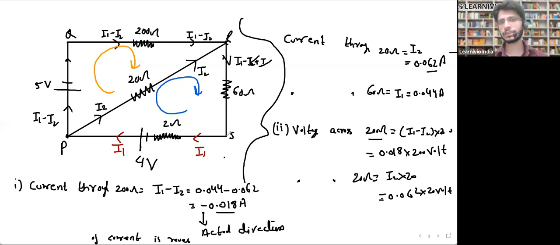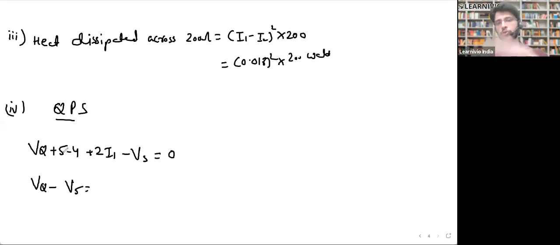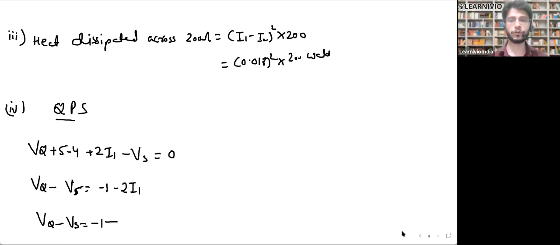Then when we reach the last point S, I call its potential as minus VS. I'm using minus VS because I'm supposed to calculate VQ minus VS, the potential difference between VQ and VS. So you can write that VQ minus VS is, see, 5 minus 4 is 1. If you take this one to the left hand side, it will be -1. 2I1 to the left hand side is minus of 2I1. So VQ minus VS is minus 1 minus 2I1.